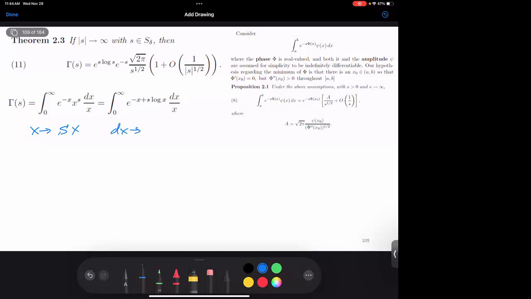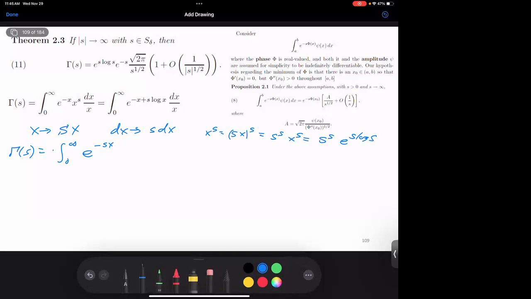So dx is going to go to s dx. And so I would get gamma of s. The bounds of integration don't change. I'll get e to the negative sx. Now x to the s becomes sx to the s, which is s to the s, x to the s, which is s to the s, e to the s log x.